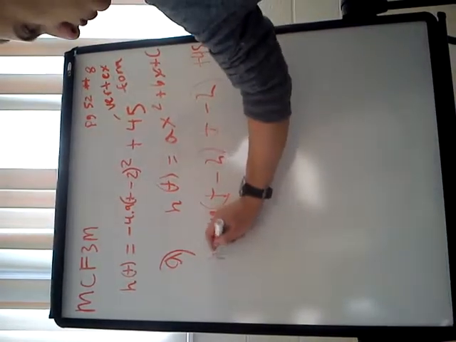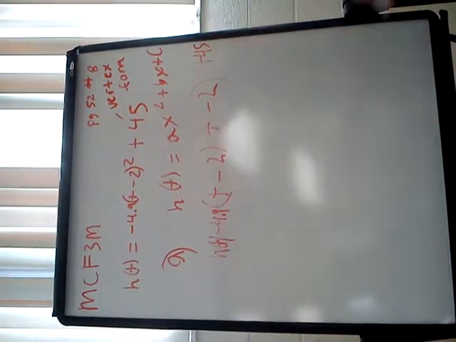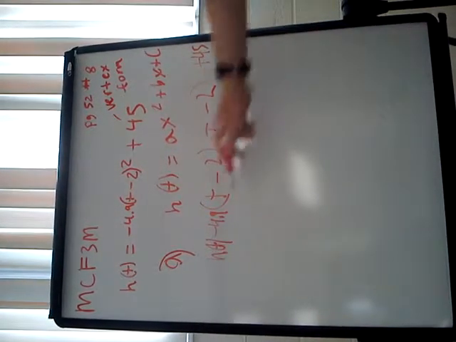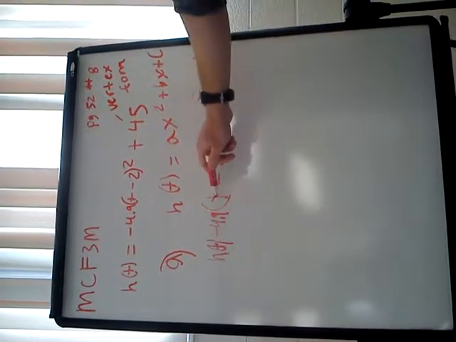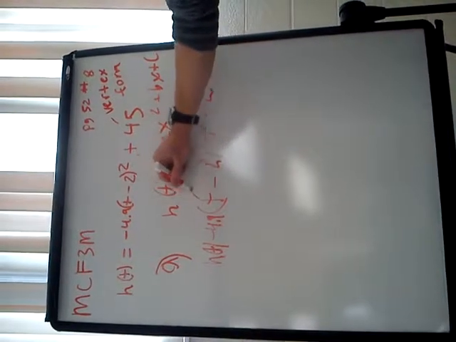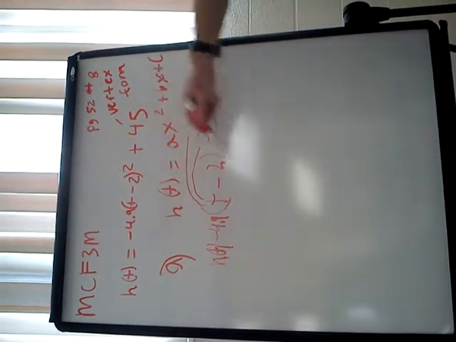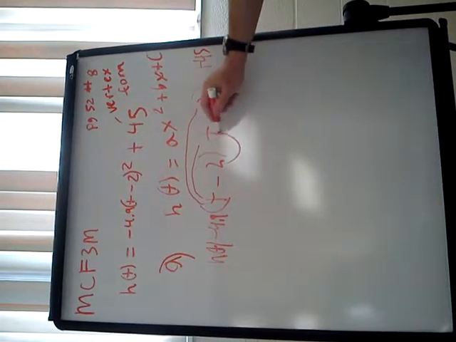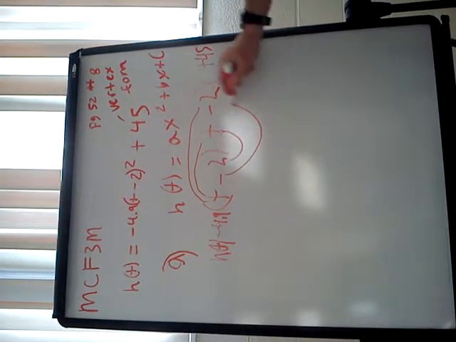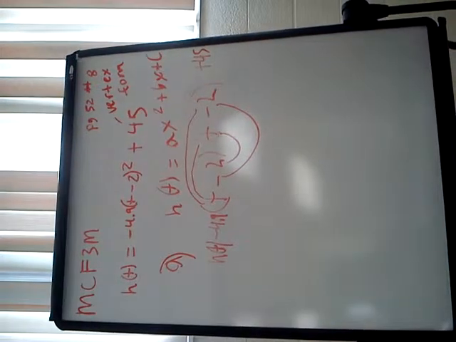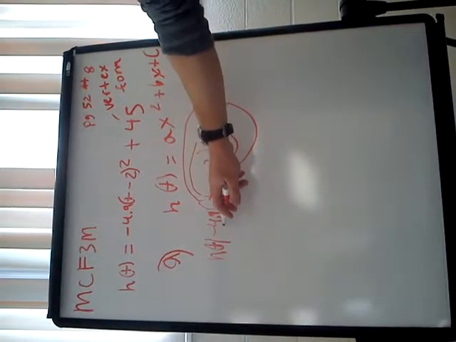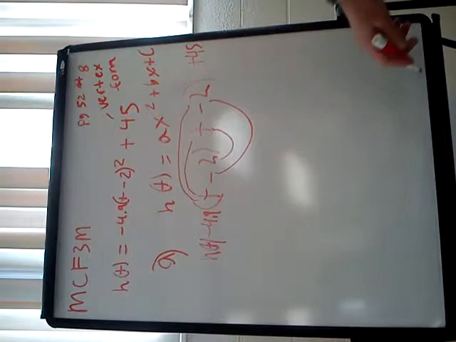Okay? So we're going to simply FOIL: first, outside, inside, last. That means t is going to be multiplied by t, and then by -2, and then -2 is going to be multiplied by t, and -2 is going to be multiplied by -2. And then, once we're done, it's all going to be multiplied by -4.9.